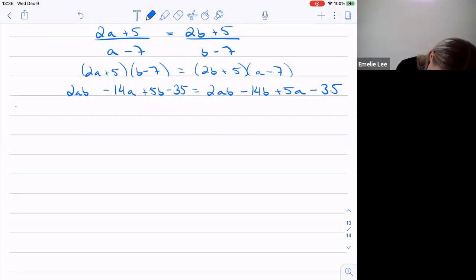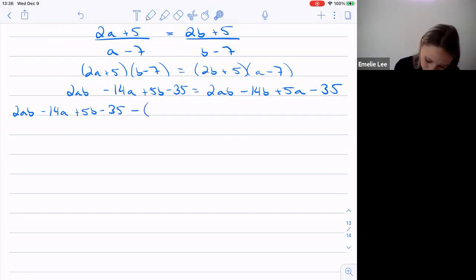See what happens. So I get 2ab minus 14a. Just rewriting the left-hand side, making sure you're all the way over to the left because you're going to need a lot of room. 14a plus 5b minus 35. And then you can either be really careful about changing each of these signs individually, or I'm going to have a minus here and put everything inside the brackets and then expand it out.